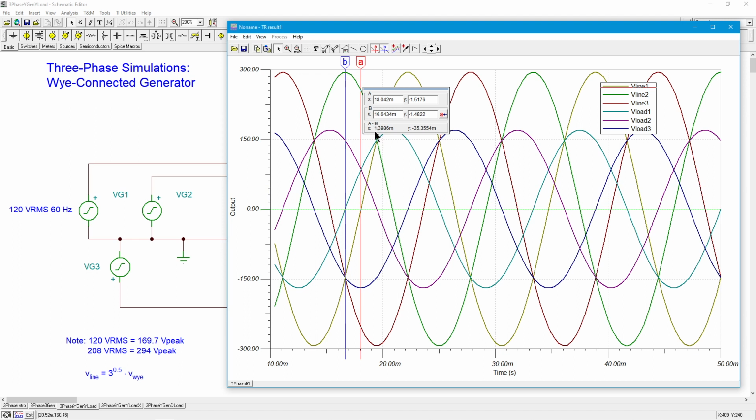All right, so we've got almost 1.4, 1.39 milliseconds of a time delay. And of course, a period, 1 over 60 hertz, is going to be 16.666666 milliseconds. So if you whip out your calculator and you put in 1.39, you're going to get that 30 degrees that I was talking about. All right. Okay, so that looks good.